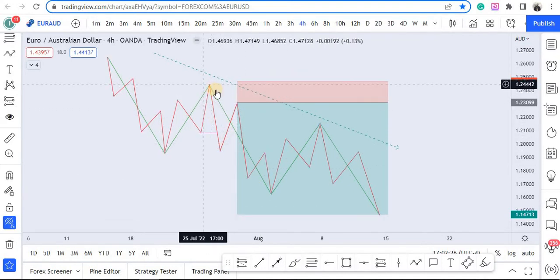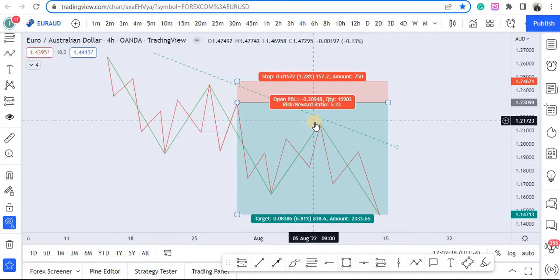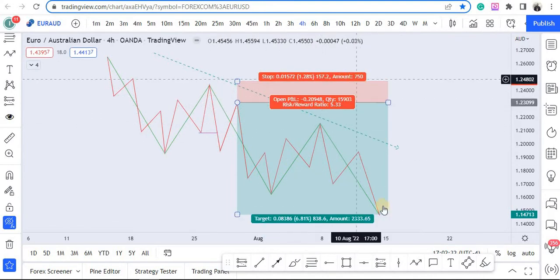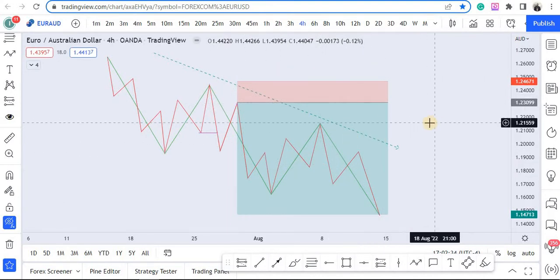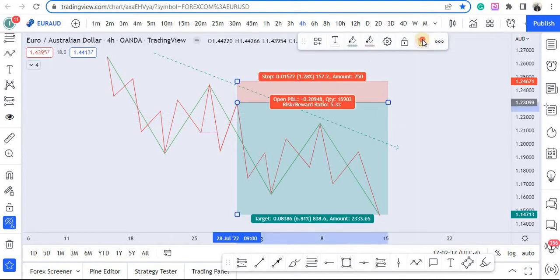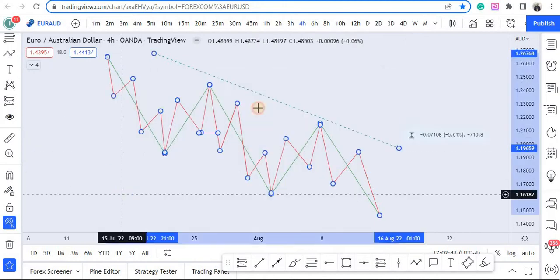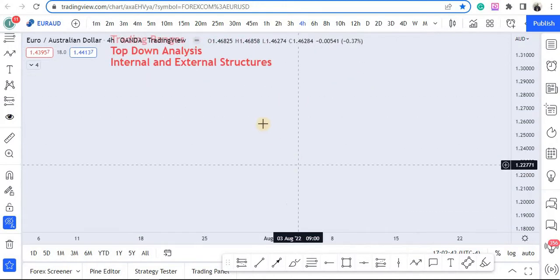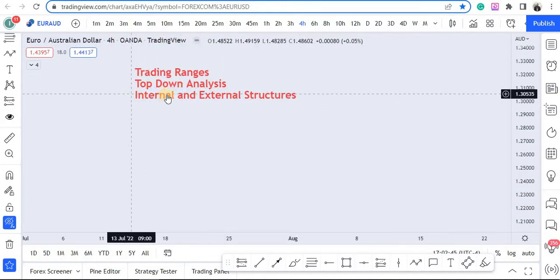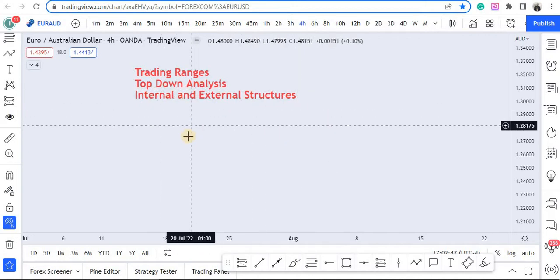Because even if you have the pullback, it will not get to your stop loss, and by so doing you capture a nice trade. If it's not clear, don't worry, we have a full chapter on top-down analysis.